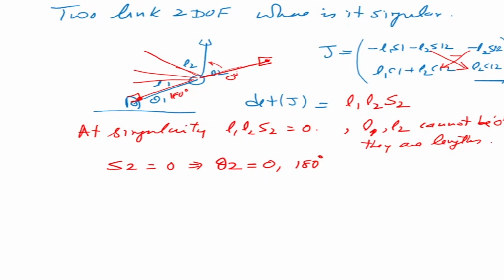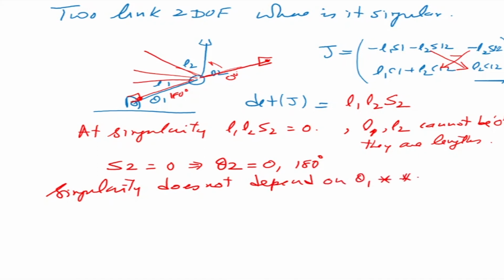Now something interesting to note is that singularity does not depend on theta 1. Something very, very important: it does not depend on theta 1, it depends only on theta 2.